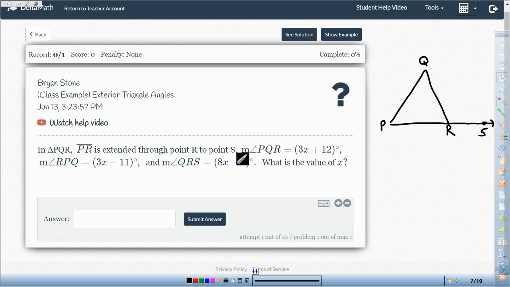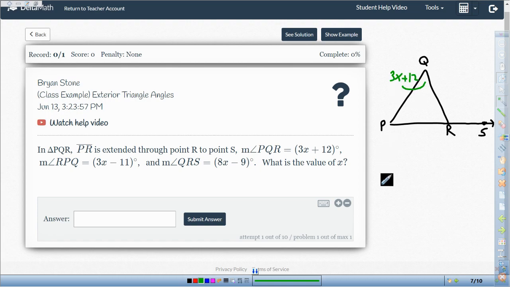Let's see what we've got. The measure of angle PQR is 3x plus 12. Remember, that starts at P, goes around Q to R. They're talking about this angle. I'm going to write it on the outside since I don't have a lot of room.